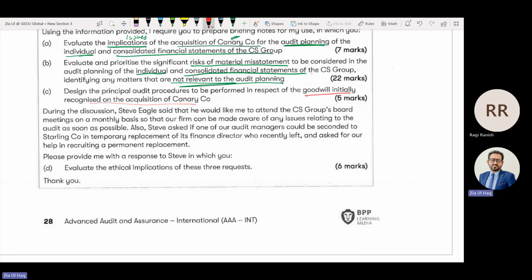So ensure whether contingent consideration has been incorporated using discounted present value method or not. Regarding impairment, we can write down one procedure. Review whether impairment is required for the goodwill or not.